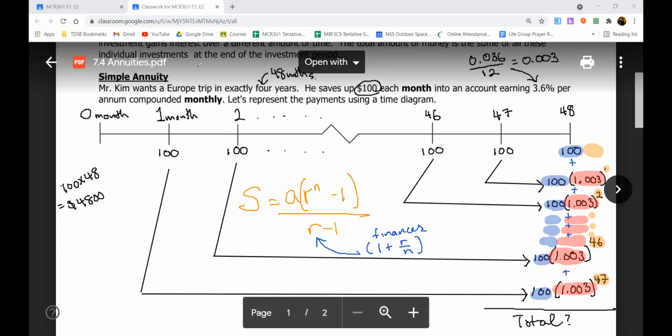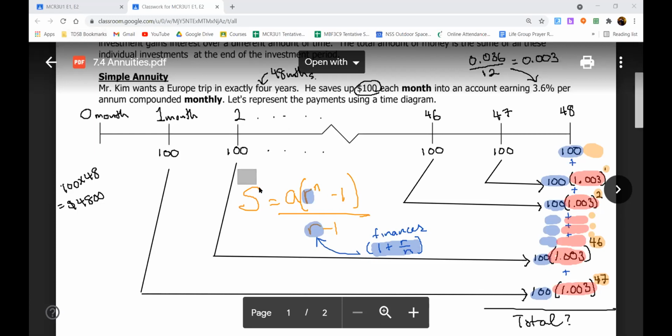So every time I see the R, I'm going to replace it with 1 plus rate of interest divided by compounding n. Same with here. Every time I see an R, I'm going to replace it. And so that will bring us to the final formula that's on the bottom of the sheet.